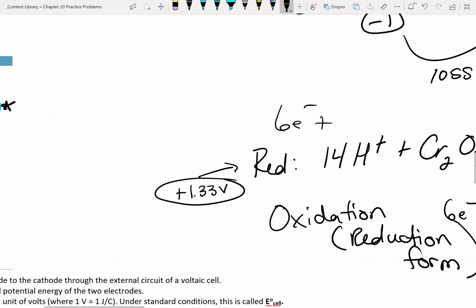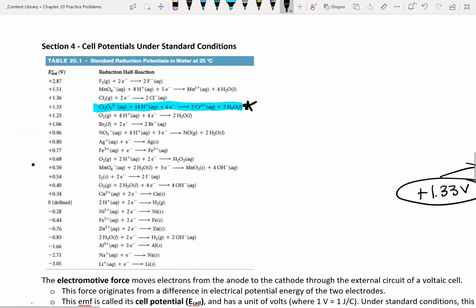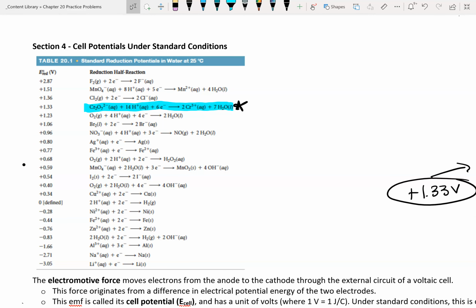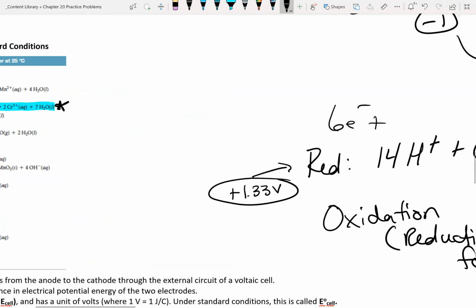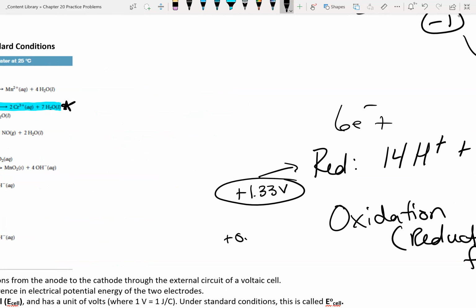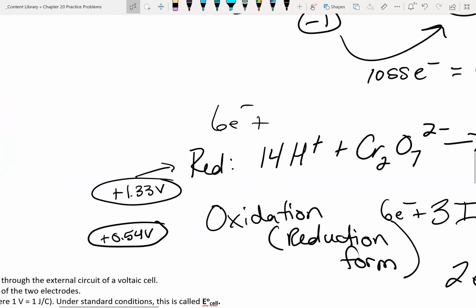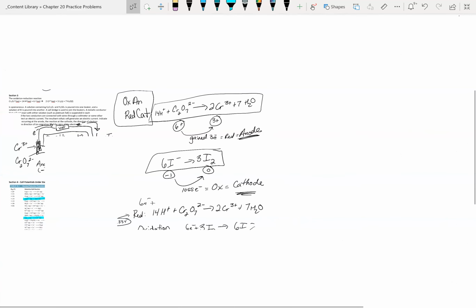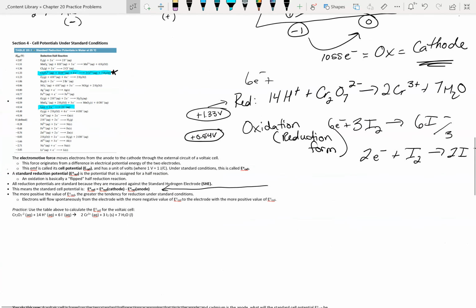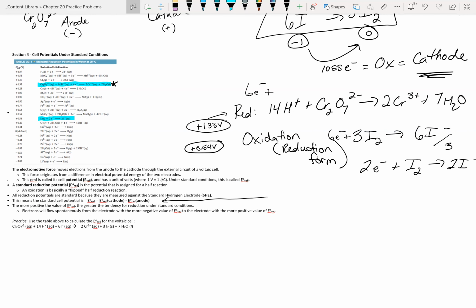For the oxidation reaction, which is the I2 to I minus, we find that one here, and it says that that one is a plus 0.54 volts.